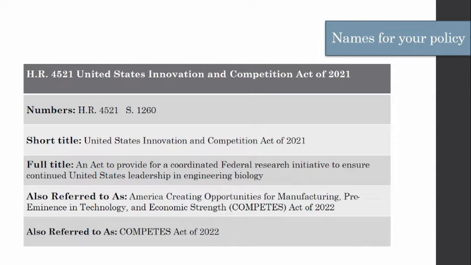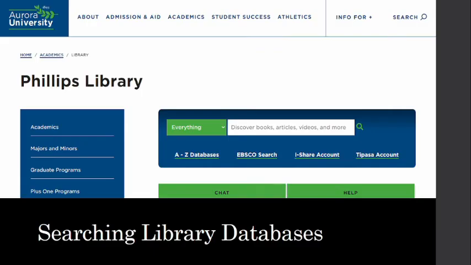So the COMPETES Act of 2022 is another short way that people refer to this bill. So understanding, kind of collecting all the different ways that someone might refer to this bill will then help you search more effectively to find information written about the bill. And unfortunately, it doesn't end when you find that title on congress.gov. It does take a little bit of sleuthing and kind of collecting terms as you continue to do your research.